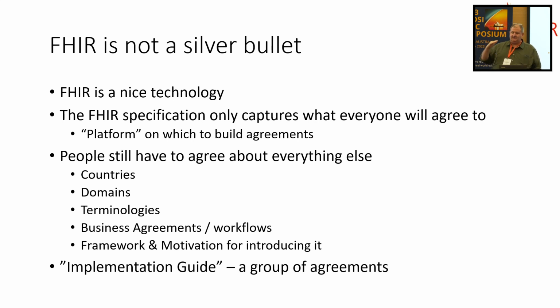We've got Australian agreements, we've got Australian prescribing agreements, we've got the Chilean prescribing system, so forth, right? And each of them branches off with their own set of agreements. And we publish those sets of agreements in things we call implementation guides. And smaller communities have more in common.